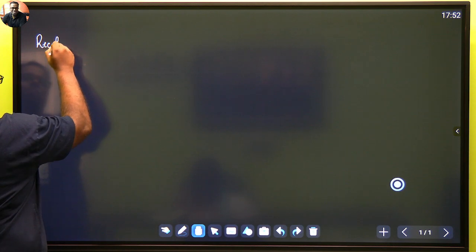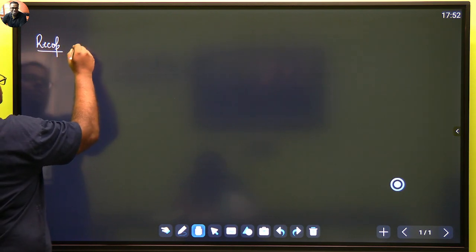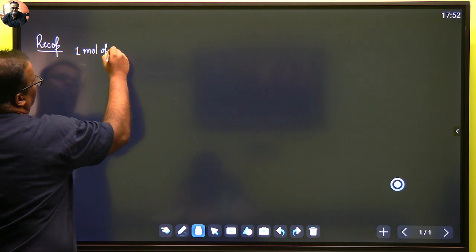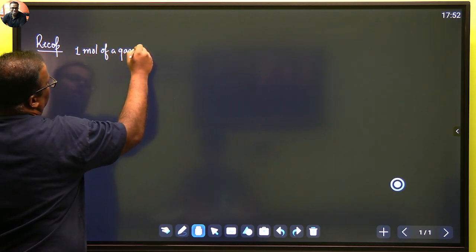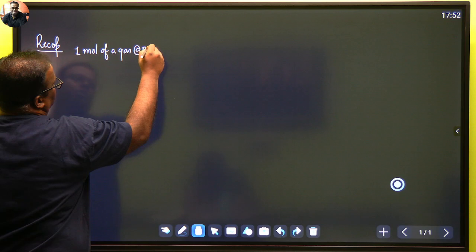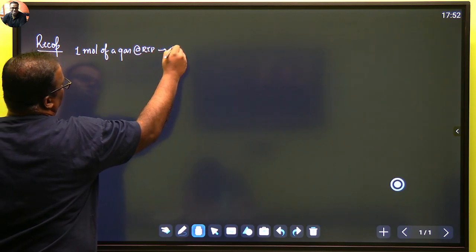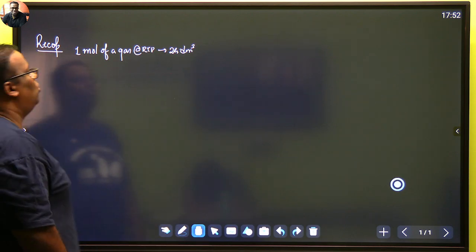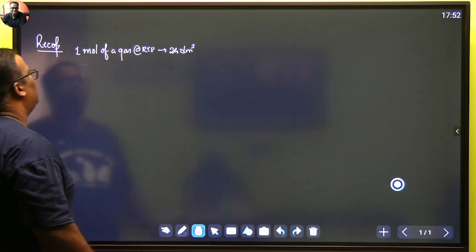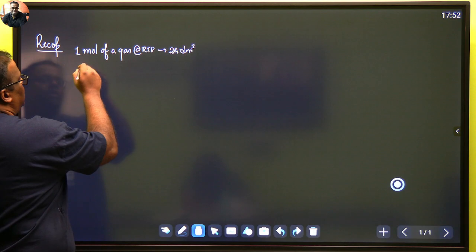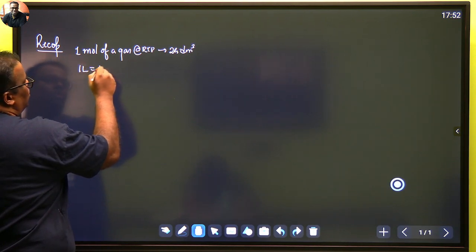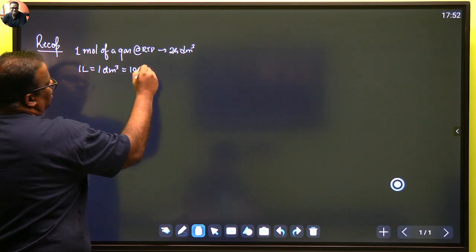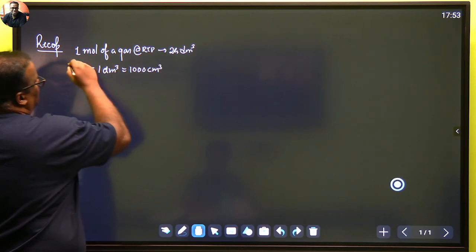What is the recap? 1 mole of a gas at RTP occupies how much? 24 dm cube. This you remember. 1 mole of a gas at RTP will occupy 24 dm cube, and 1 liter is equal to 1 dm cube is equal to 1000 centimeter cube. This we will need in the next section.